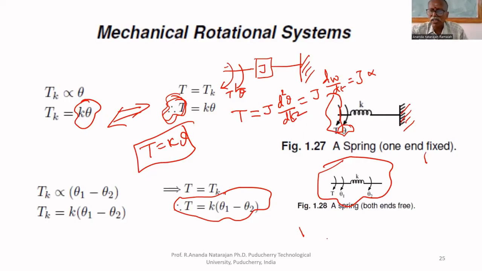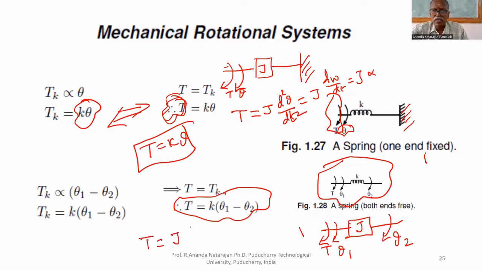If both ends are free, for the inertia, at this end we apply a torque T. This end has a displacement of theta 1 and this end has a displacement of theta 2. In that case, the mathematical model is T equal to J multiplied by d square theta 1 by dt square minus d square theta 2 by dt square.